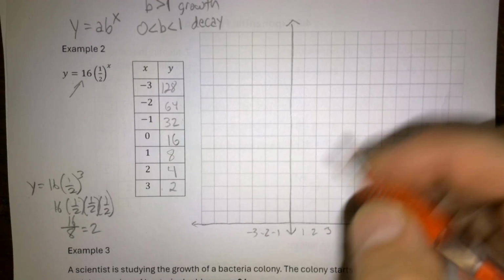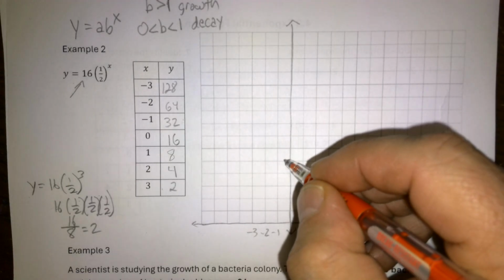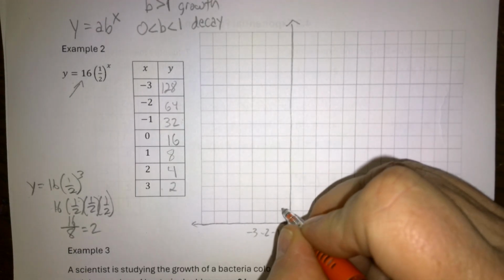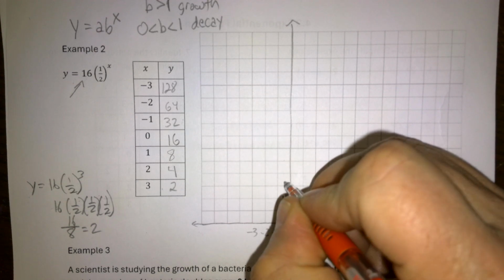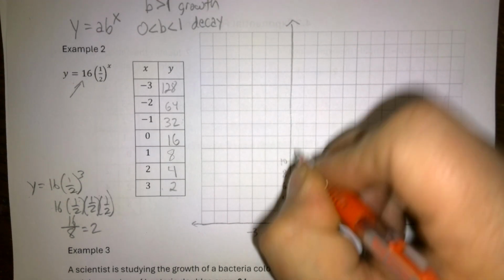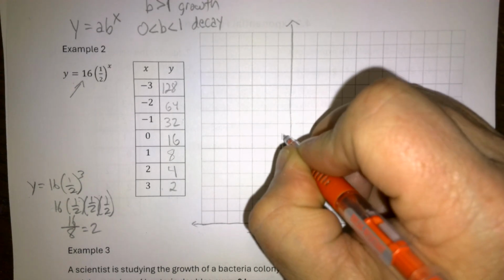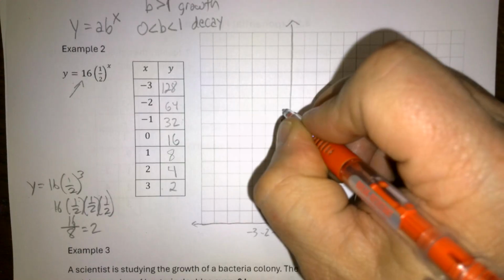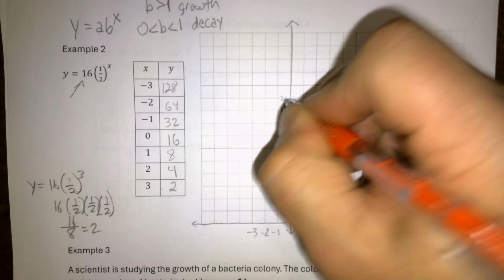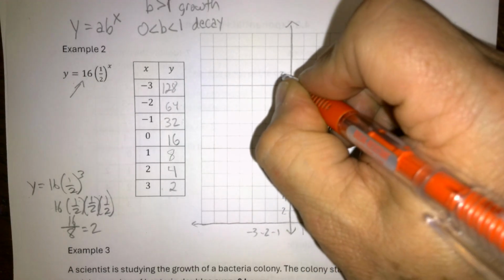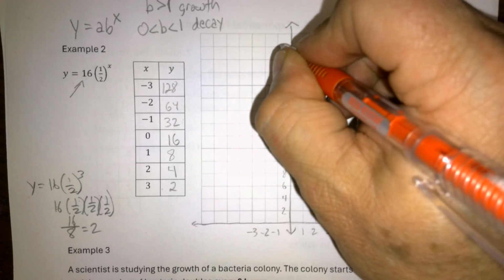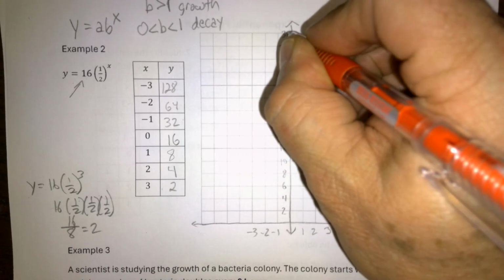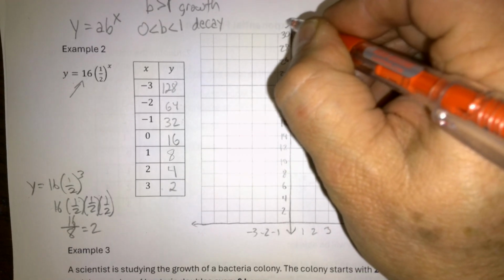Now, what do I want to go up by? I think if I go by 2s, 2, 4, 6, 8, 10, 12, 14, 16, 18, 20, 22, 24, 26, 28, 30. So 32 would be like the next value up.